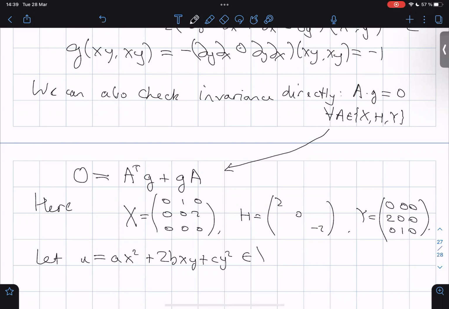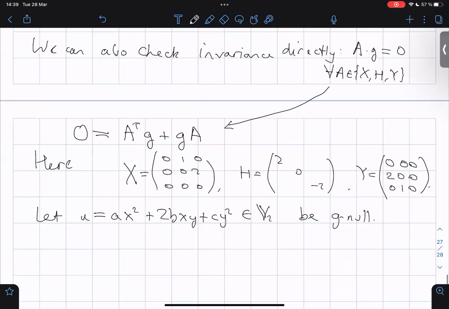This guy is in V2. Let U be G-null. What does that mean? It means that when I pair it with itself and shove it into this G, I get 0. Explicitly, what I should be doing is taking the coefficients of 2b.